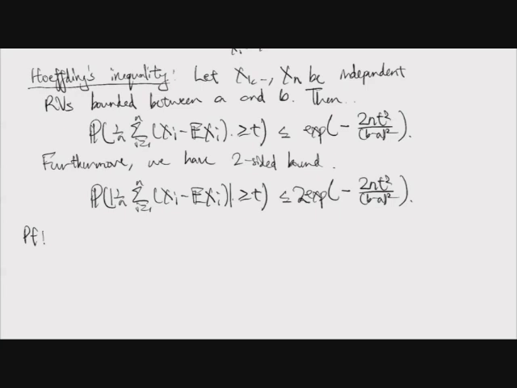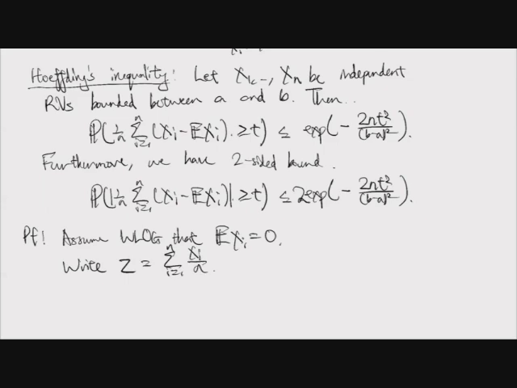Okay, so let's prove this. Let's first assume, without loss of generality, that each of these expectations is equal to 0. We can do this by simply replacing X_i with X_i minus expectation if need be, and just relabeling things. This is just to make things more convenient. And now let's write Z to be equal to the sum from 1 to n of X_i divided by n.